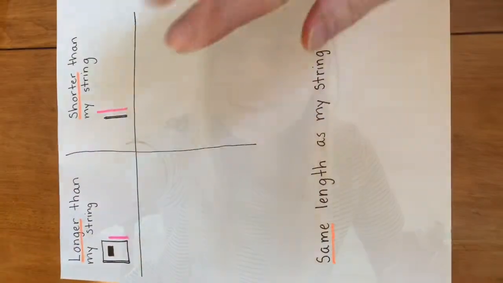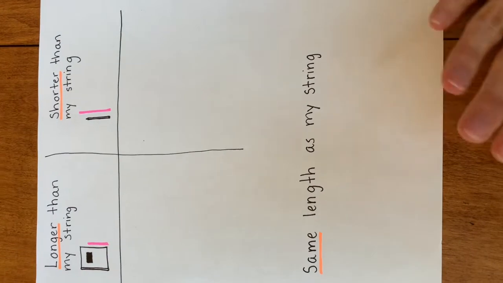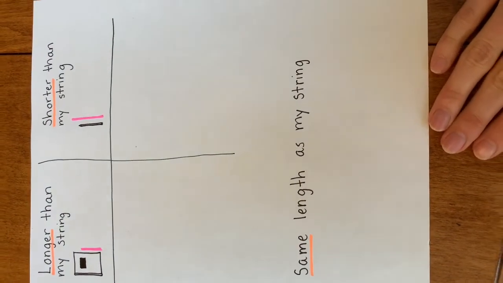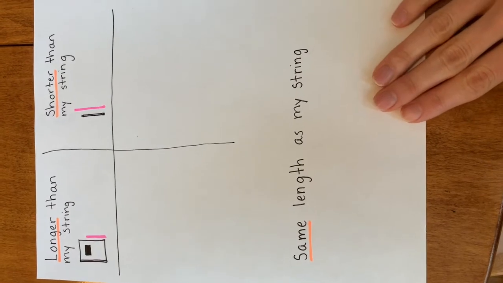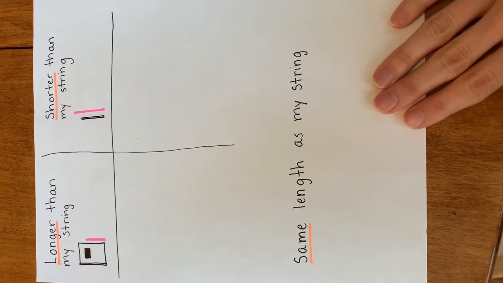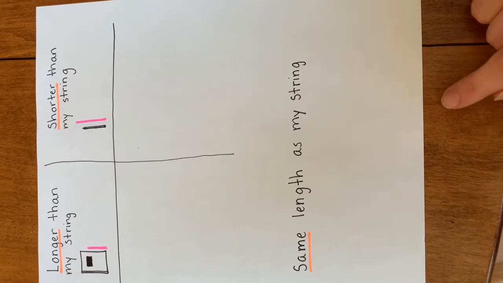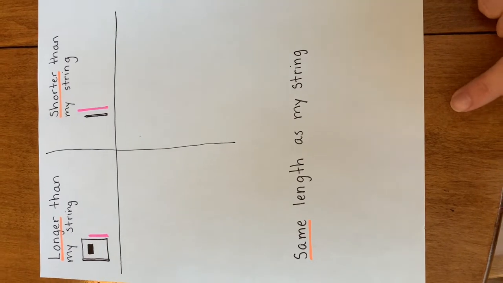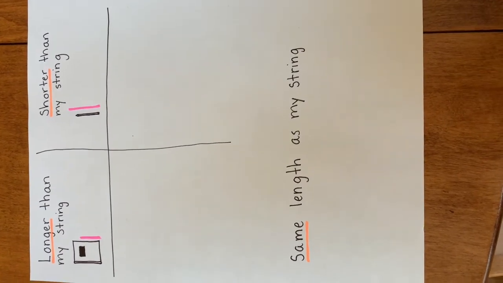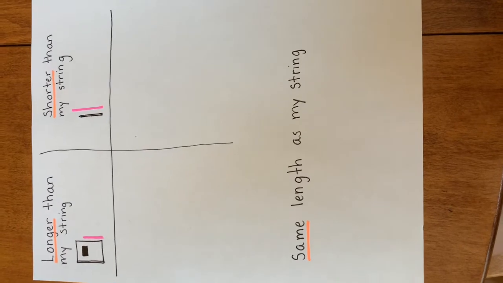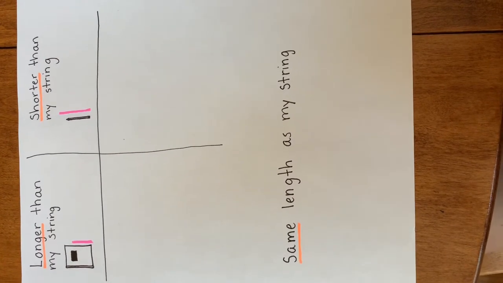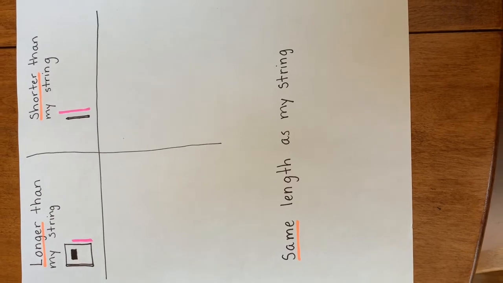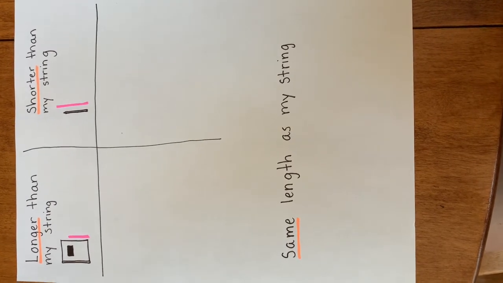Let's get started. Before we begin our fun activity, I wanted to go over the worksheet that we'll be using. The worksheet that I have here looks a little different than the one that you have, because my printer is broken, so I made my own. If you also do not have a printer, or it's broken or out of ink, you can just make a worksheet just like I did.